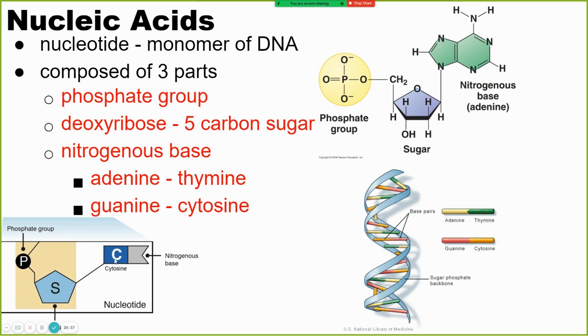And those bases can go in different orders, like letters of an alphabet. You could arrange them in different orders, and that's what determines our genes. The order of those bases in my cells are different from Isaiah's, which are different from Cade's, which are different from Miss Ellis's. The A's and T's and G's and C's we each have are different from each other.